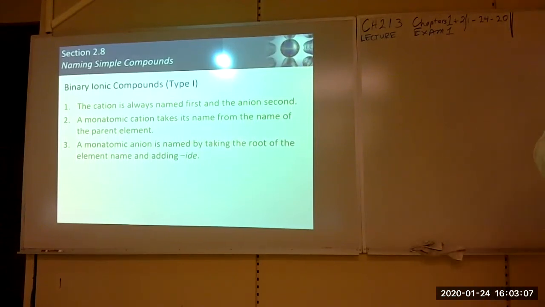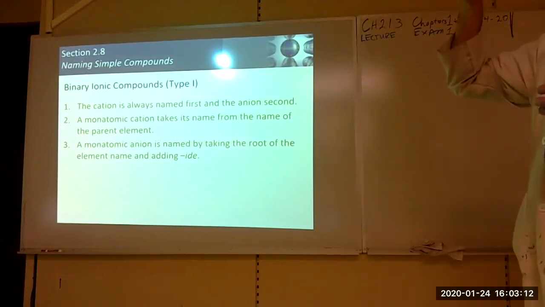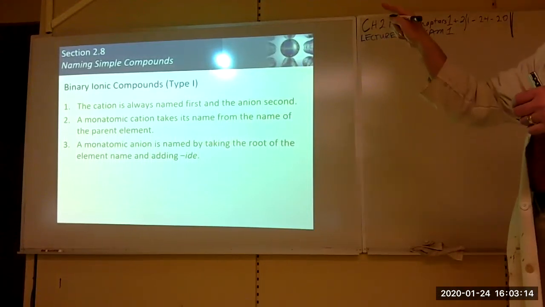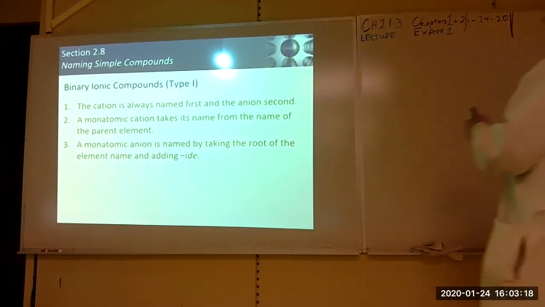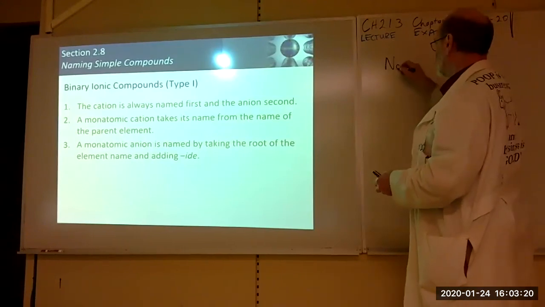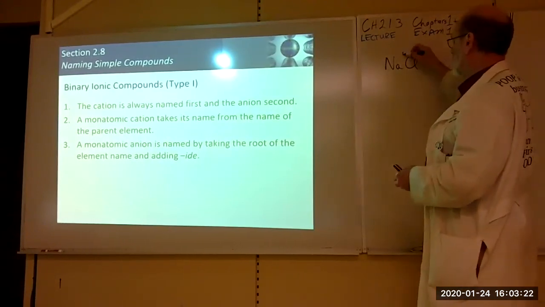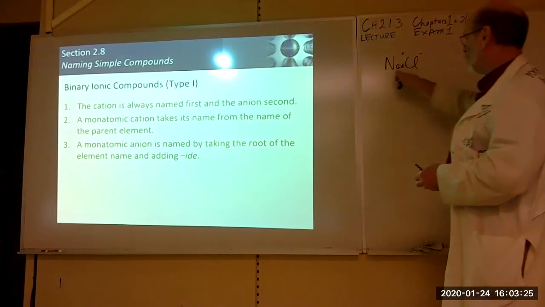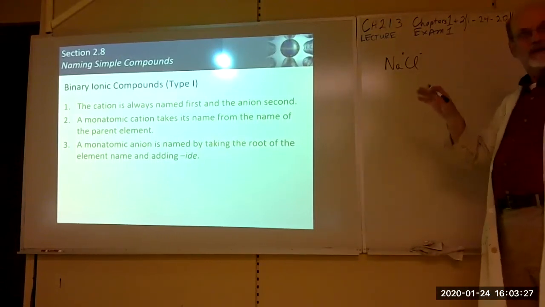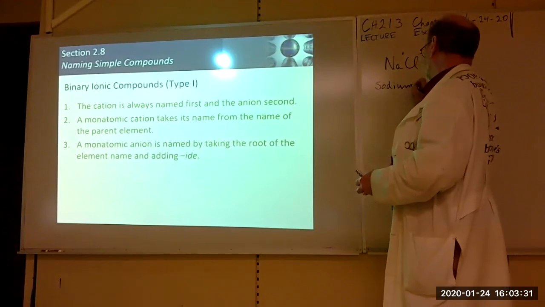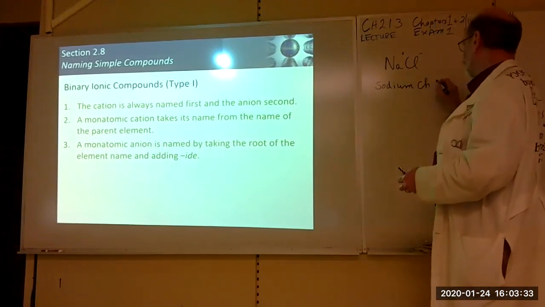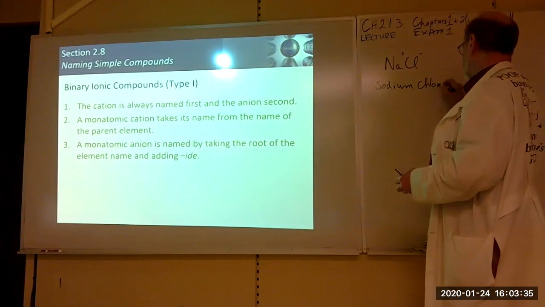You want to be able to write the compound in its formula based on the name, and that's the only way you can write it, based on the name. Right? So, for example, let's go back to this one. That has a plus, minus, so you have 1 and 1 only. So you just say sodium for the cation, and you change the chlorine to chloride.